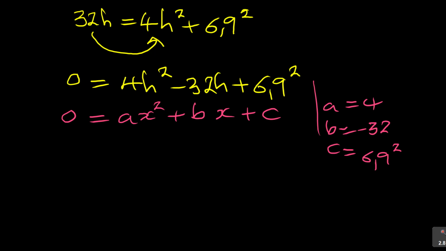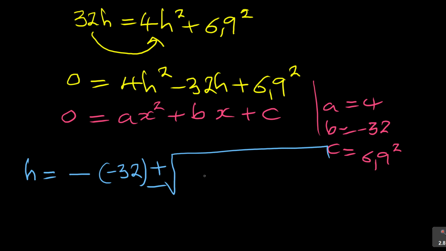Then you put it in the quadratic formula, but you're not finding x, you're finding h. So you're going to say h is equal to minus b, which is minus, b is what? Negative 32. So bracket, negative 32. And then it's plus or minus square root of b squared, negative 32 squared, minus 4.